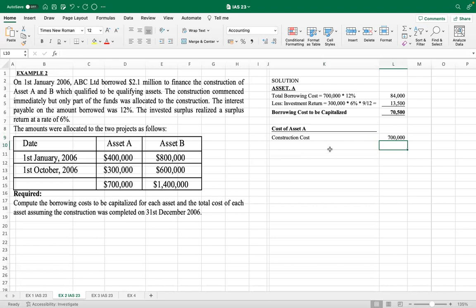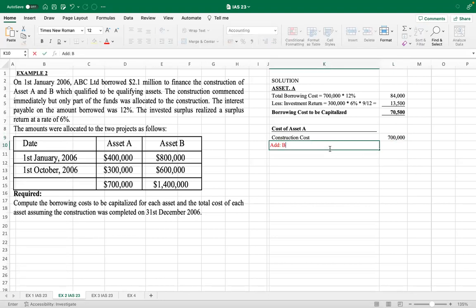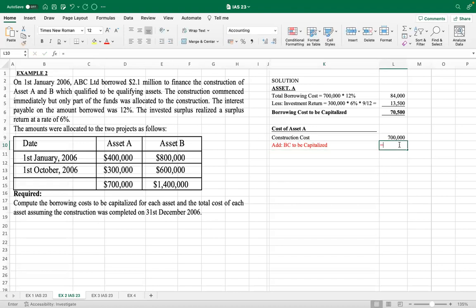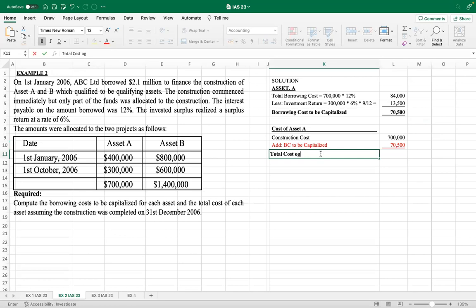And then to it, you add the amount of borrowing cost to be capitalized. And we found that it is 7,500. So this will be the total cost of asset A.